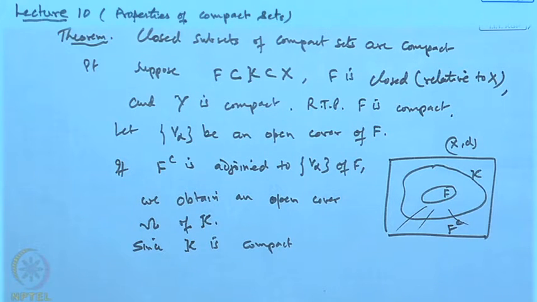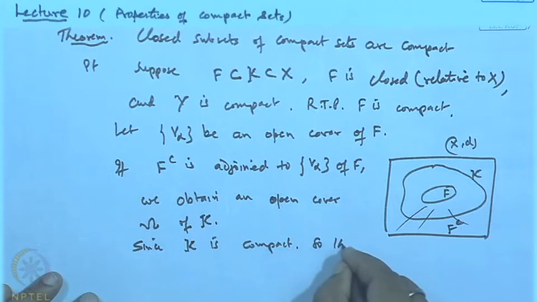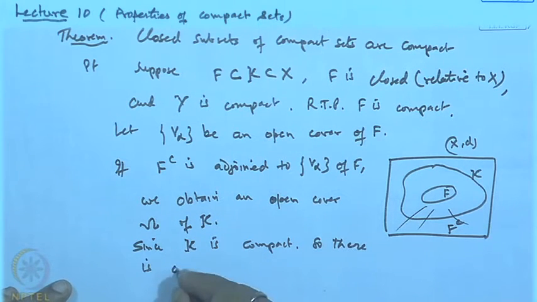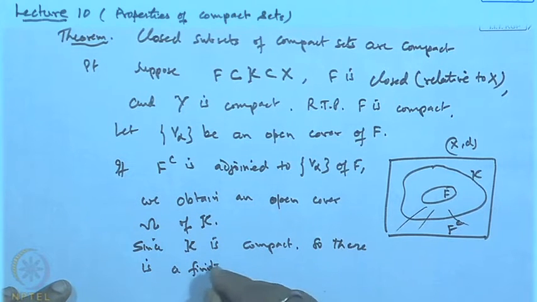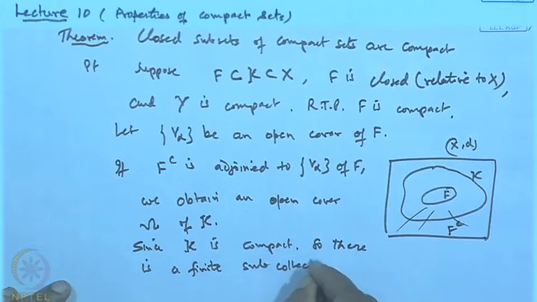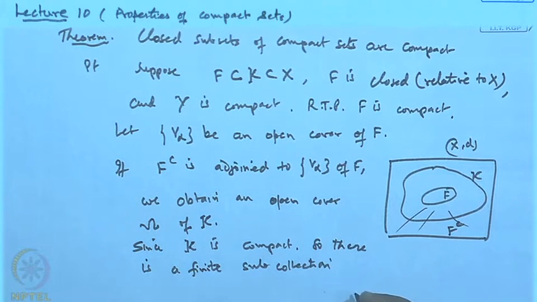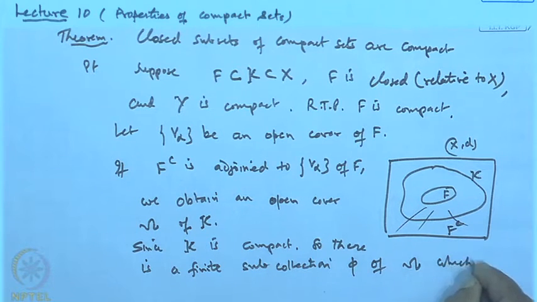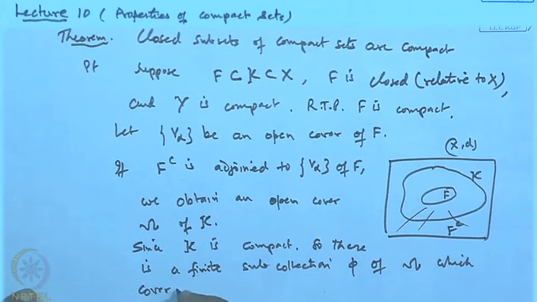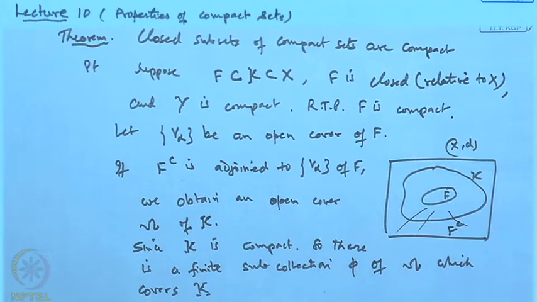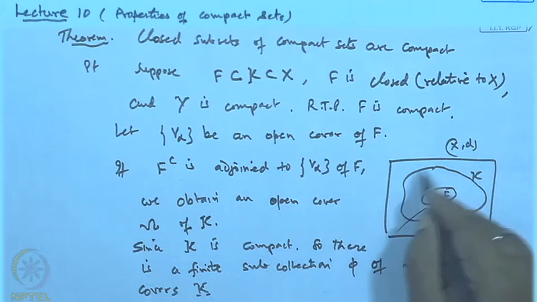So, there is a finite subcollection phi of omega which covers K by the definition of the compact set K. Now, omega is an open cover of K, and since K is compact, it will have a finite subcover.